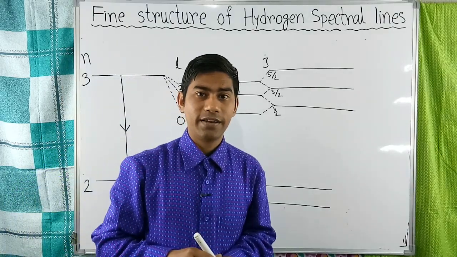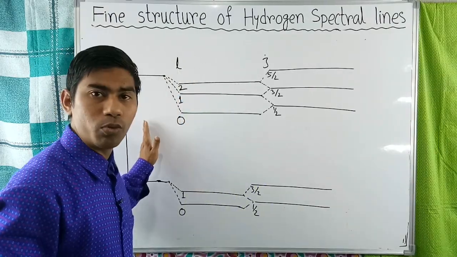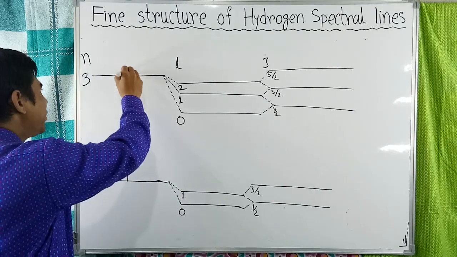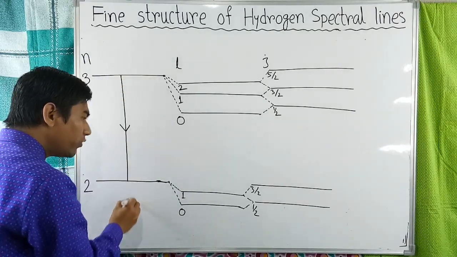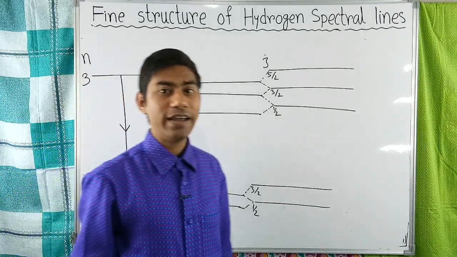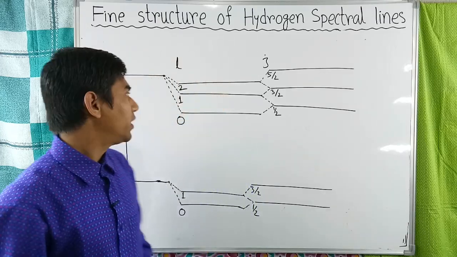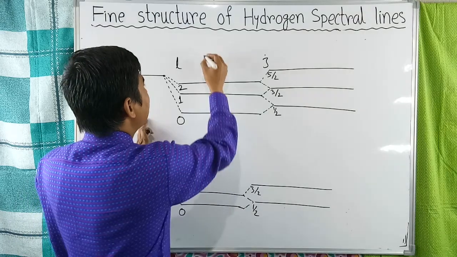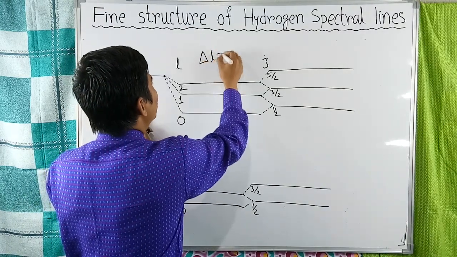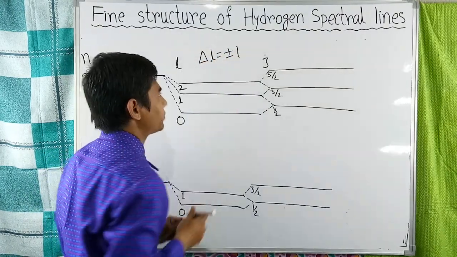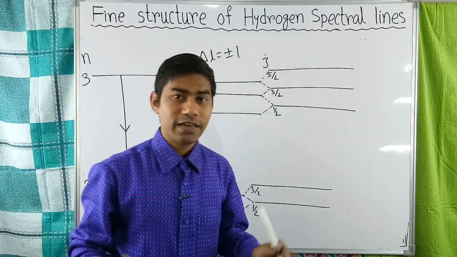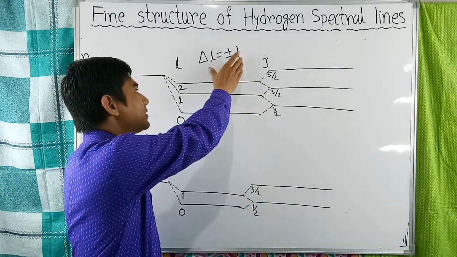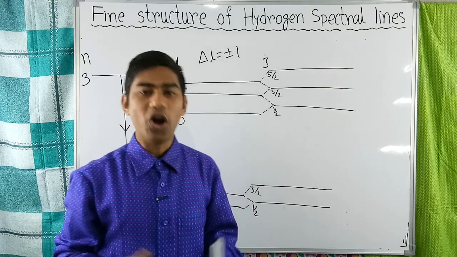Now the transition from the n equals 3 level to the n equals 2 level gives the H alpha line according to the Bohr model. Here the selection rule is delta L equals plus or minus 1. That is, the transitions which satisfy this selection rule will actually occur.